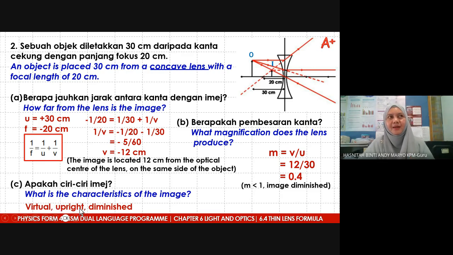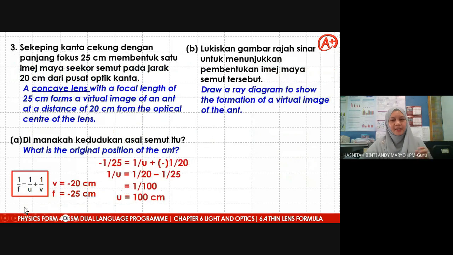Remember I told you before, virtual is always paired with upright, and real is always paired with inverted. All real images are inverted, all virtual images are upright. That is the pair. You can use the short term VURI: Virtual, Upright, Real, Inverted. V-U-R-I. Right?